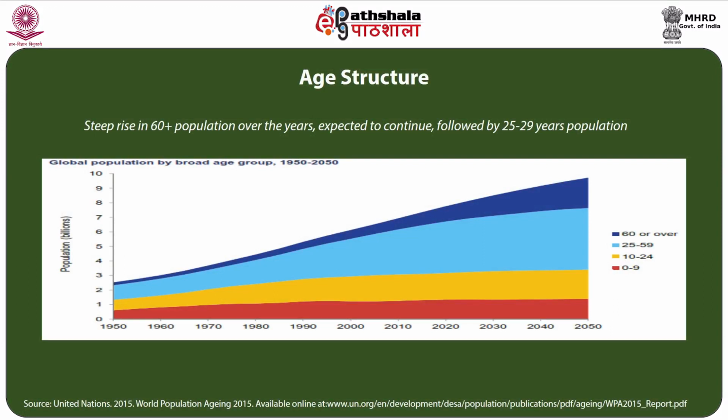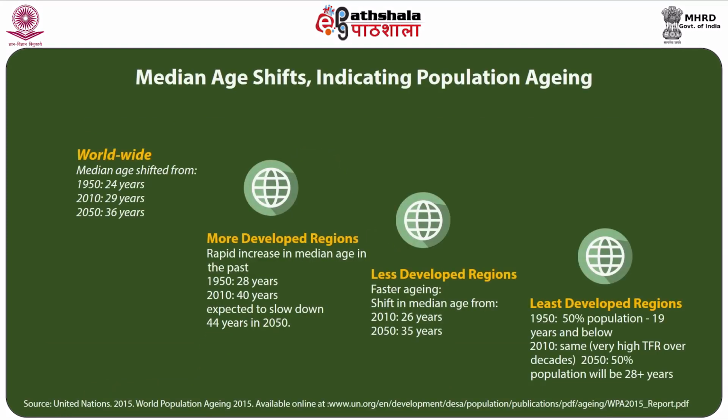that there is a steep rise in the elderly population over the years, and it is expected to continue, followed by 25 to 29 years of young population, which indicates clearly that there is going to be a major shift in median age, which clearly leads to population aging.